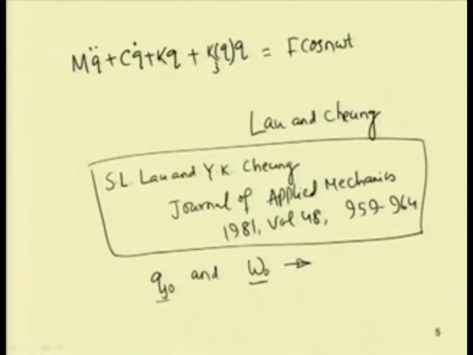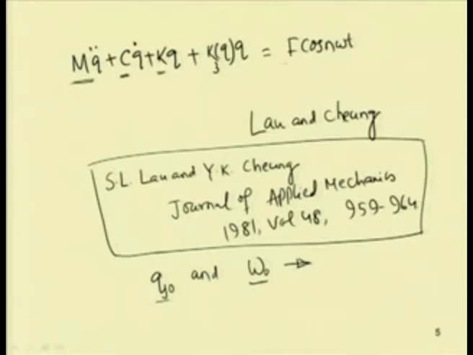In case of a multi-degree of freedom system, M will be the mass matrix, C the damping matrix, K the stiffness matrix, and K 3 will contain the nonlinear terms. It may be cubic nonlinear terms, and F is the force vector.